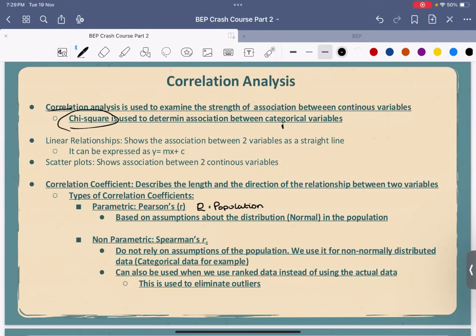You'll use chi-square. If it says we're trying to see the relationship between test scores and height, or caffeine intake, or whatever, so numbers, then you'll pick correlation analysis. So be smart about picking.